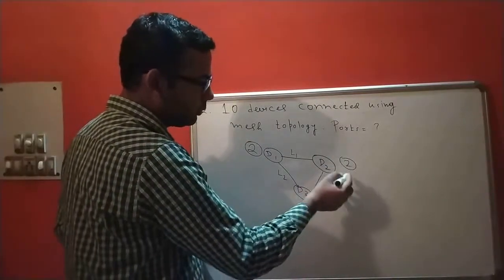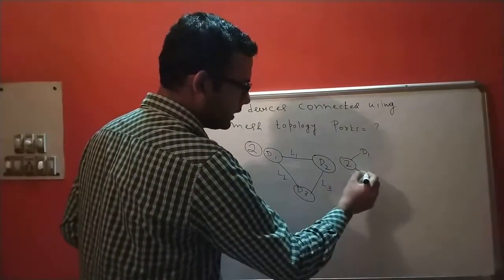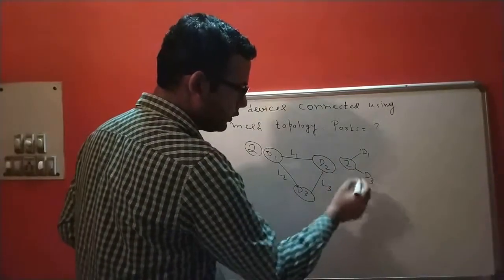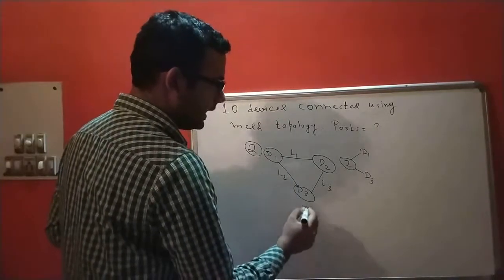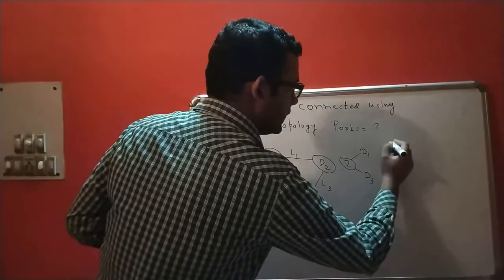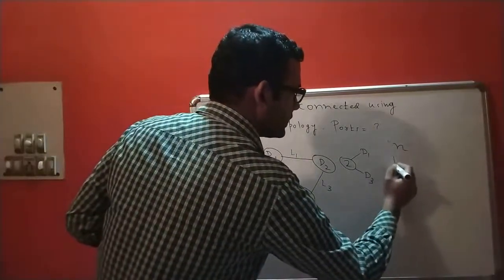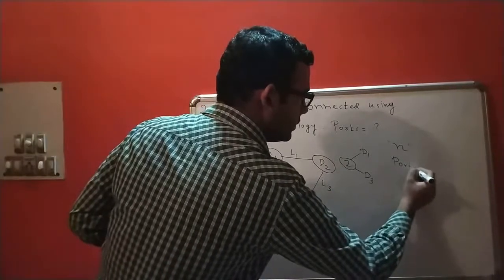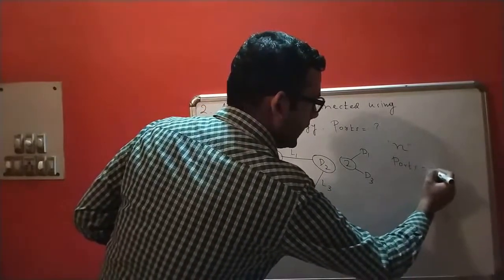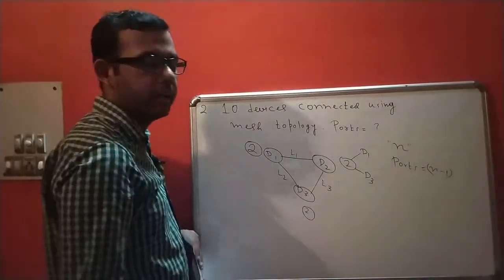So of these 2 ports, one will connect to D1 and the other will connect to D3. Same for D3. That means given n devices in a mesh topology, the number of ports that we get is n minus 1.